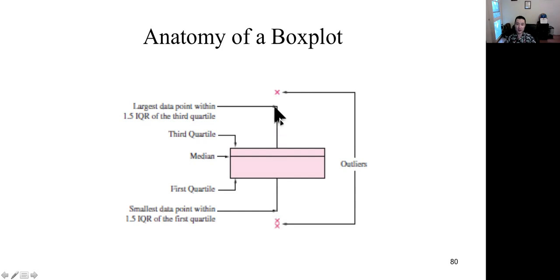Similarly, we draw another line connecting the largest data point within 1.5 IQR and the third quartile. Then we plot all the outliers individually.